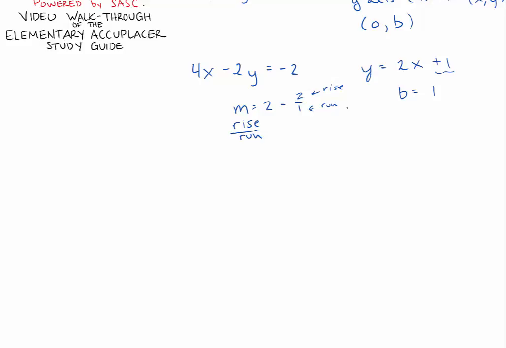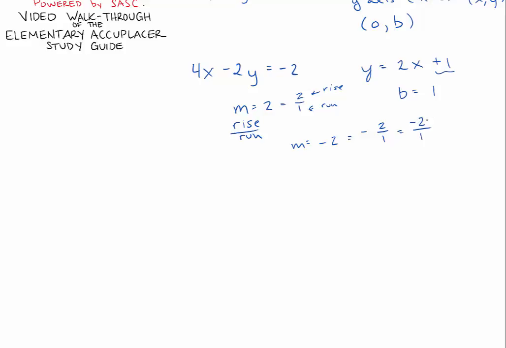I don't like to do this in the middle of a problem, but let's pretend for a second our m was equal to negative 2. Then I would write it as negative 2 over 1. And here's the important thing: if I have a negative fraction, I could write this as negative 2 over positive 1.